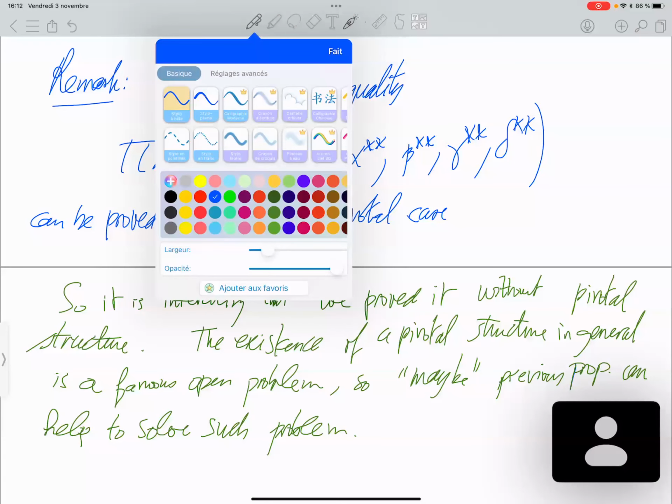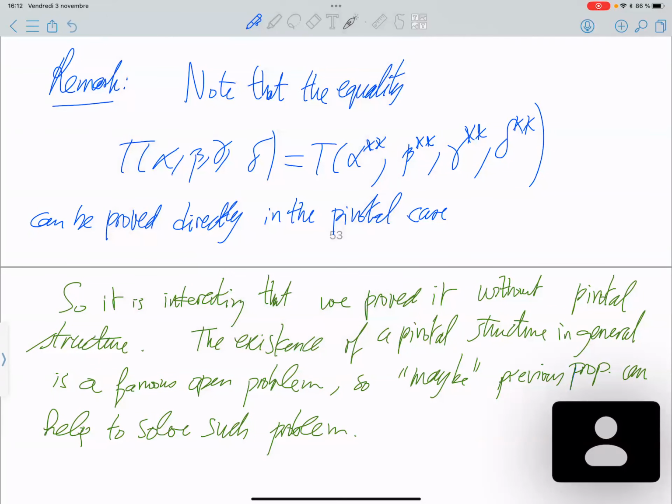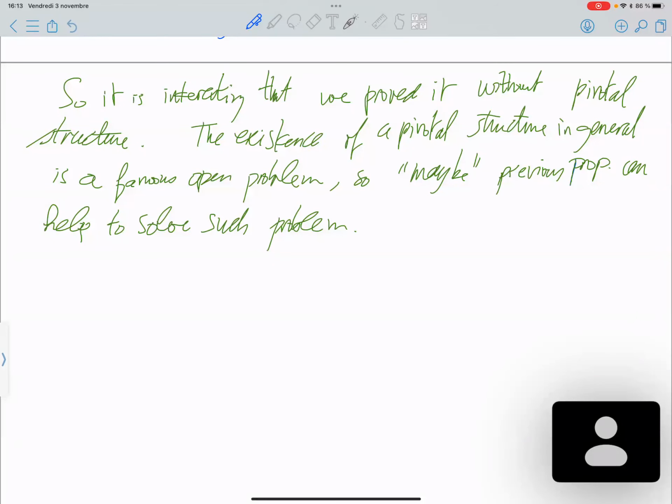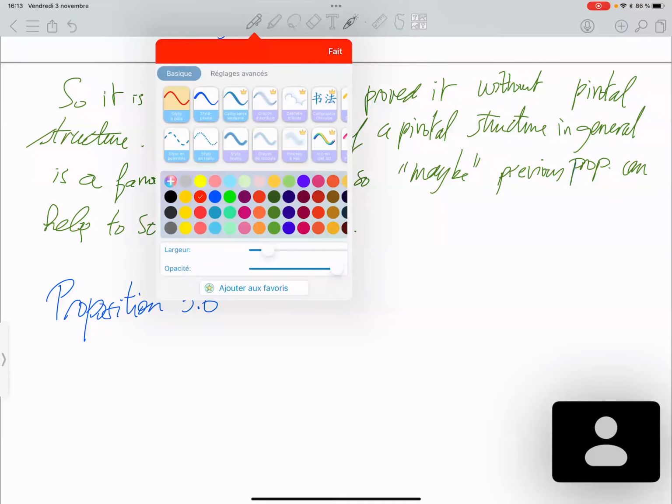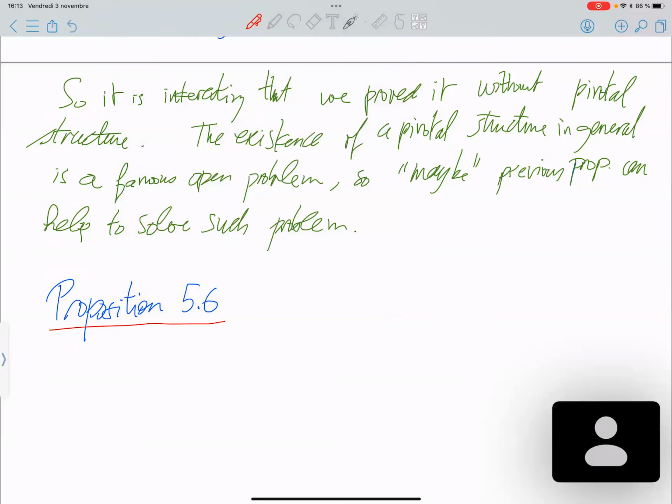Okay, so next symmetry, and this symmetry will require the spherical structure. Definition 5.4.